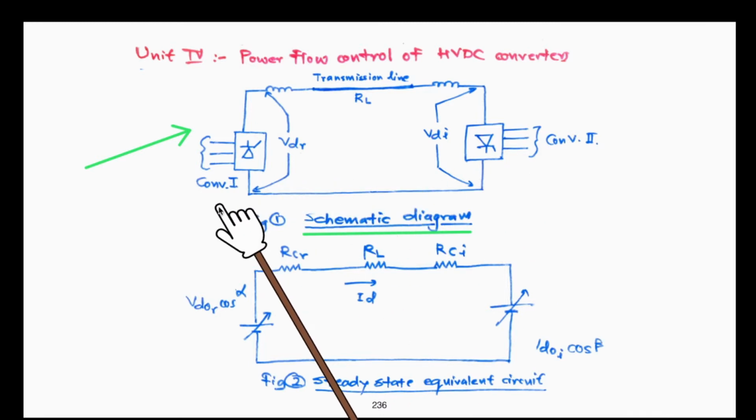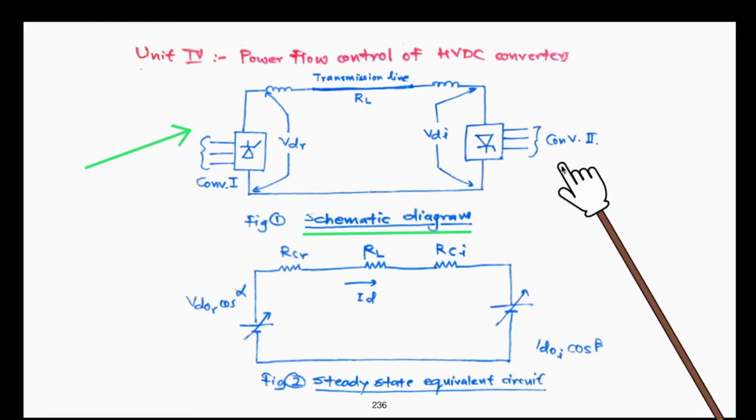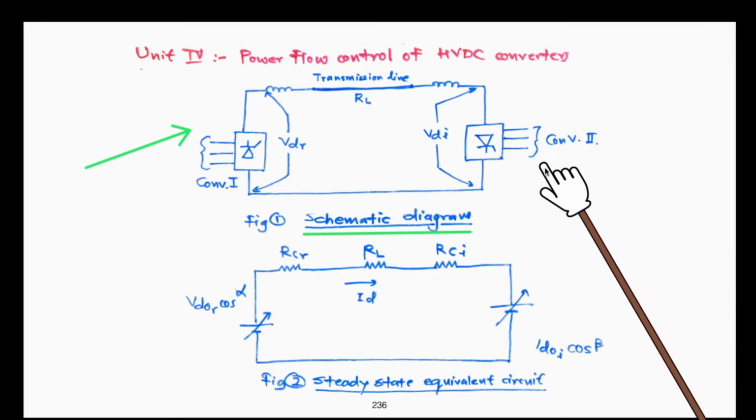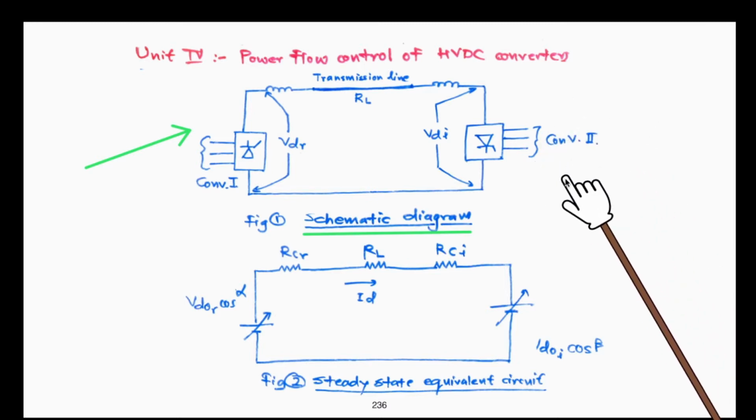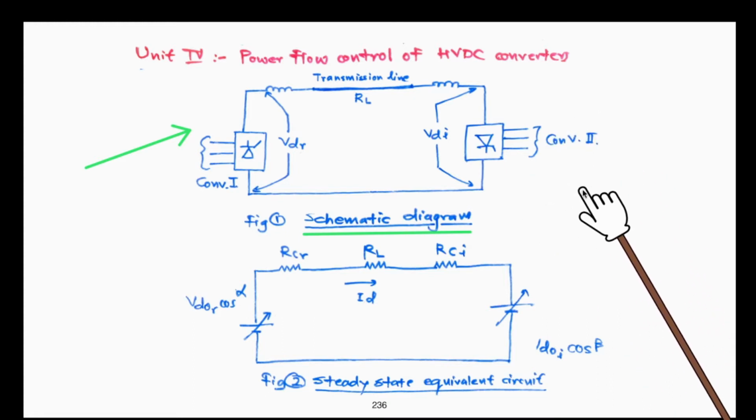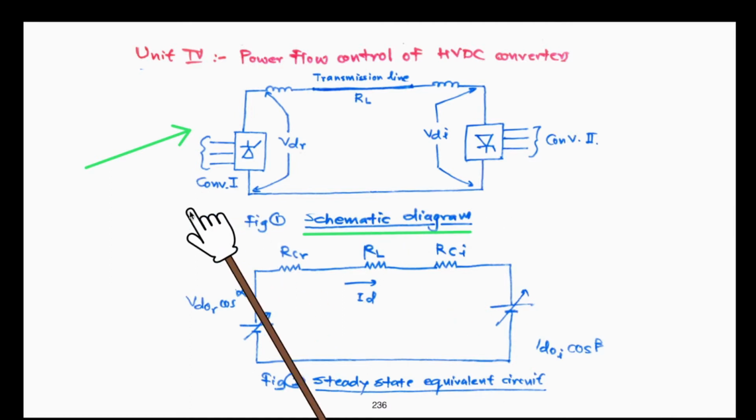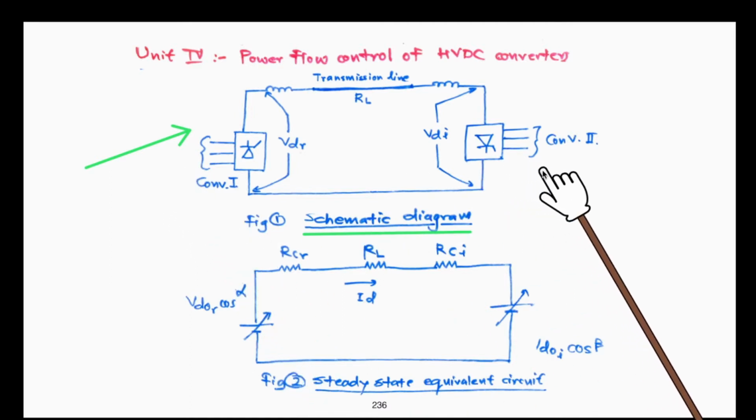Power will be flowing from converter 1 to converter 2 to begin with, in order to have understanding of controller mechanism, right? And of course converter 2 is connected to the AC network, which will be receiving the power. So just for simplicity of representation, AC networks are not shown here on the diagram, right?